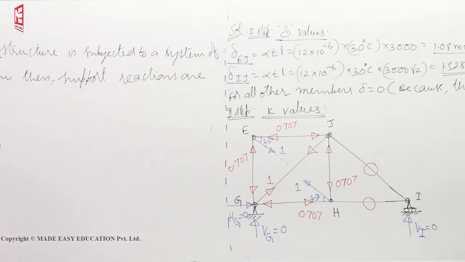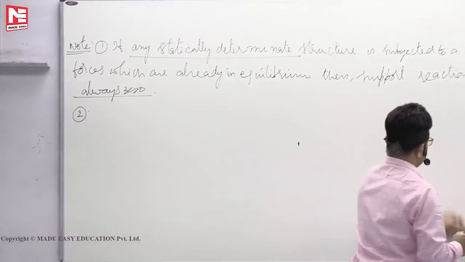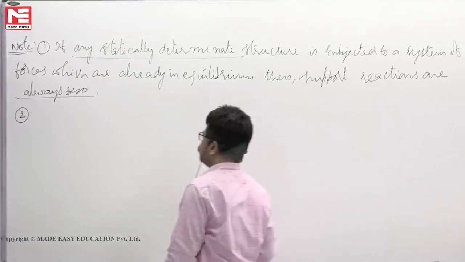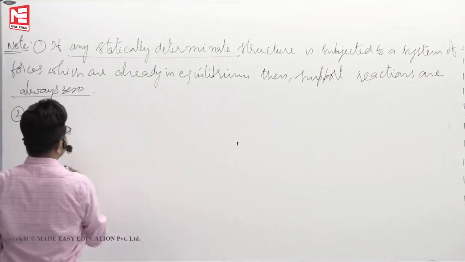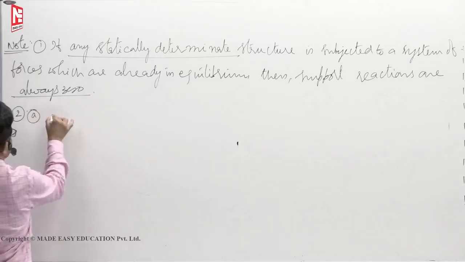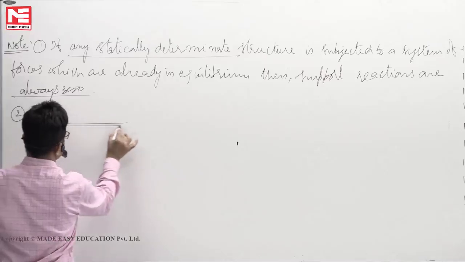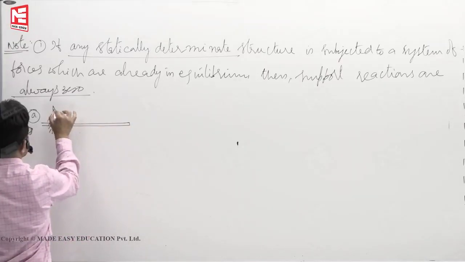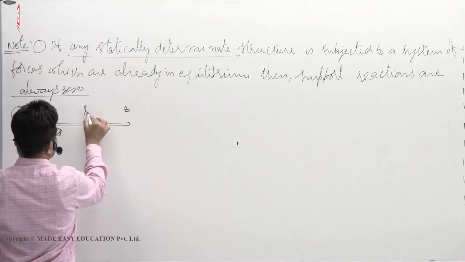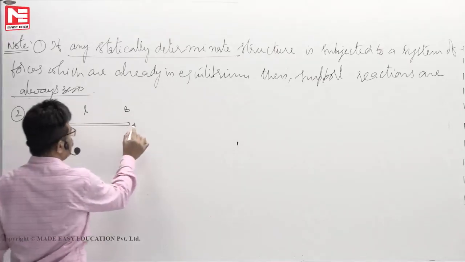Okay. So, this is what you have studied in the strength of materials. See here, if you take a cantilever beam, this point let us say A, B, length of the member is say L. Now you heat this one, what will happen?